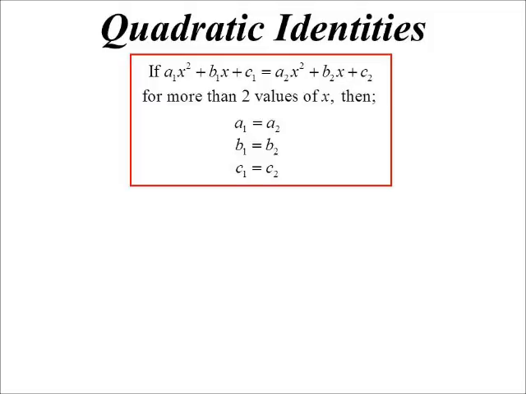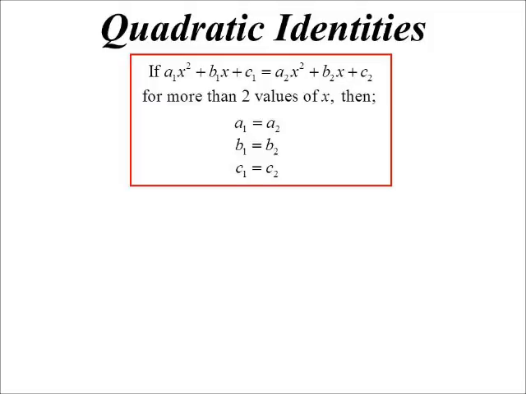Now the reason why it must be for more than two values of x: imagine drawing both of those on a number plane. If they missed each other, there would be no x values. If they just touched each other, there would be one x value that would be the same. If they cut through each other, you could have two.